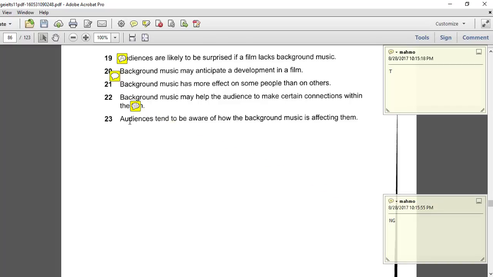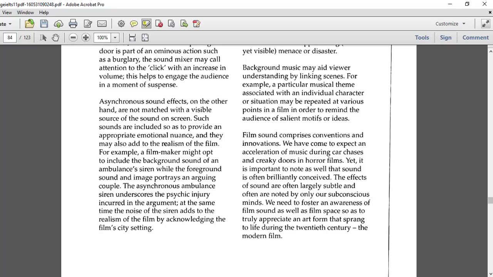Audiences tend to be aware of how the background music is affecting them. Okay, let's see. Audiences are aware or not of how background music is affecting them. I think there was something about conscious here. The effect of sound is often largely subtle. What is subtle? Subtle means unseen, vague, and often noted by only our subconscious.